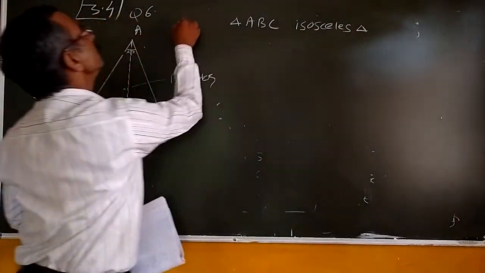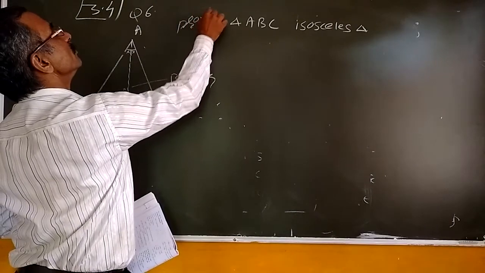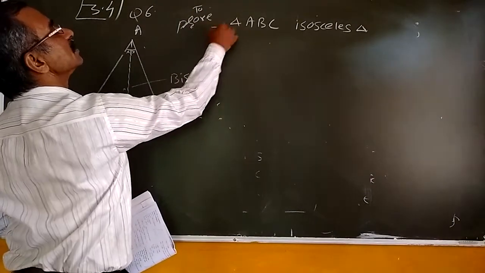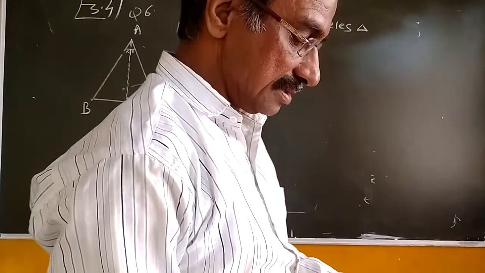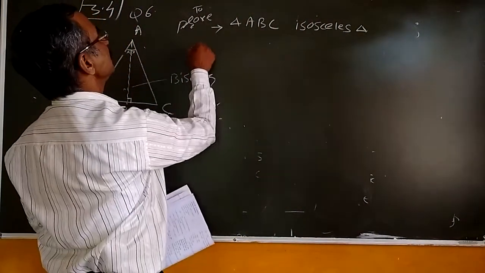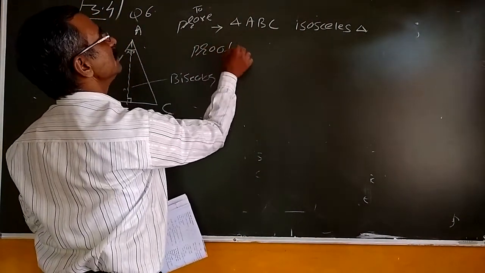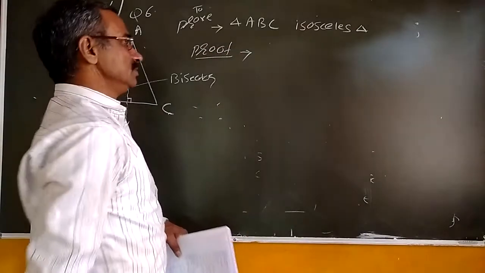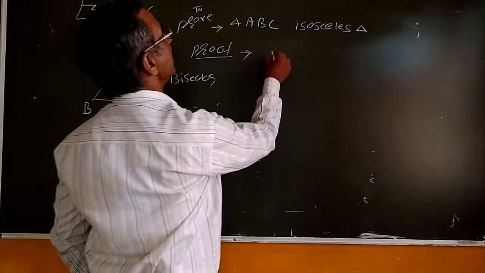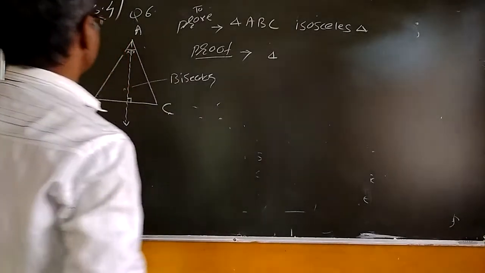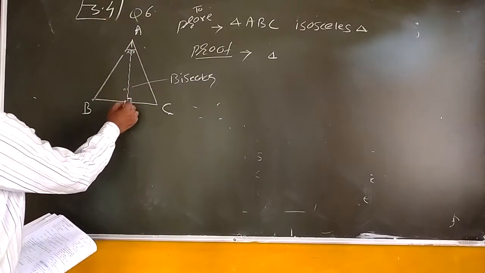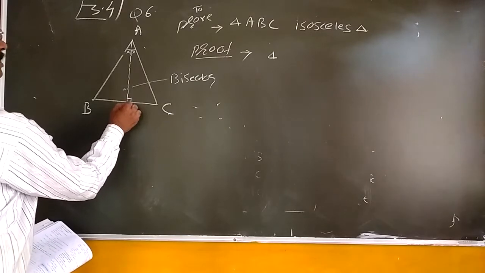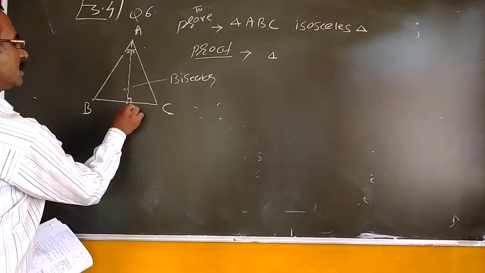So to prove that triangle ABC is isosceles, we are taking the proof. Here the point of intersection we are taking as D.